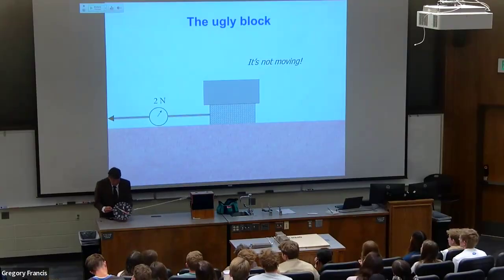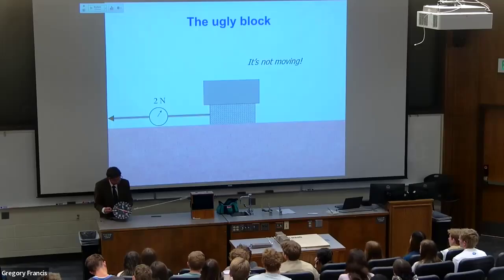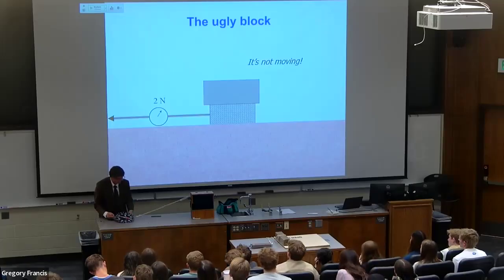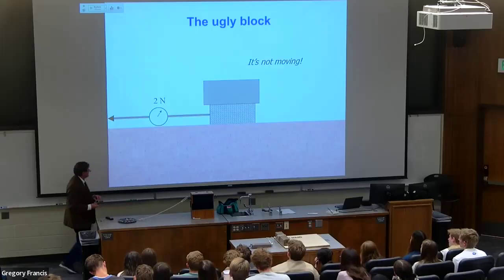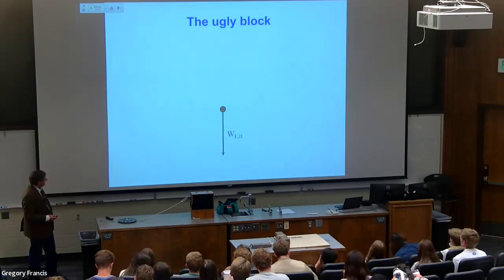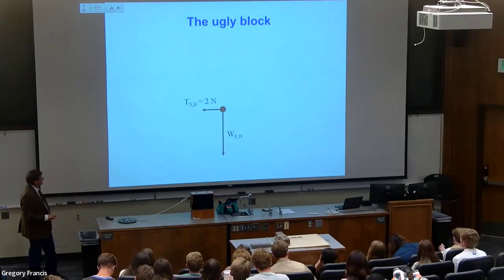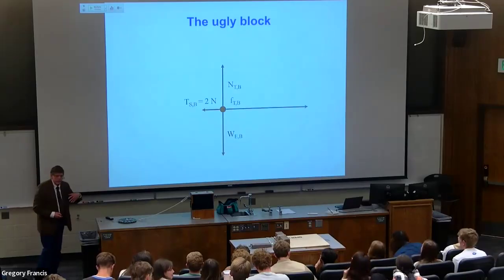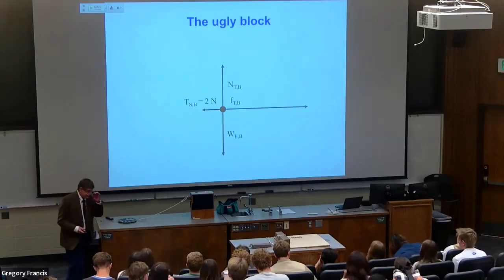Suppose I pull on this with a force of 2 newtons, and it doesn't go anywhere, okay? So if I draw a free body diagram for that block, I've got the weight down, I've got the pull by the spring scale on the block of 2 newtons, and then I have the table pushing up with a normal force and a friction force that I draw really big because it didn't go anywhere.